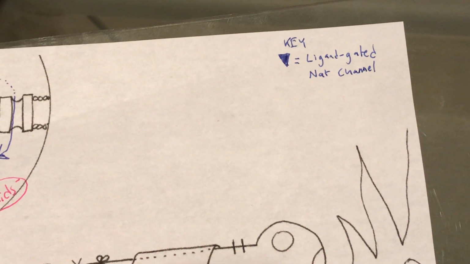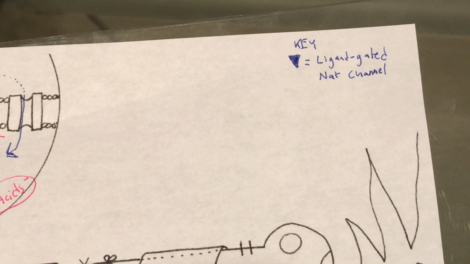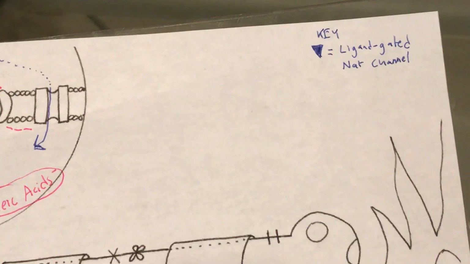And so ligand-gated sodium channels, essentially what that means is that the sodium channel is only open when the proper ligand attaches to it. And the word ligand is pretty much a term that describes any sort of molecule that it's receptive to. So let's talk about a common example.